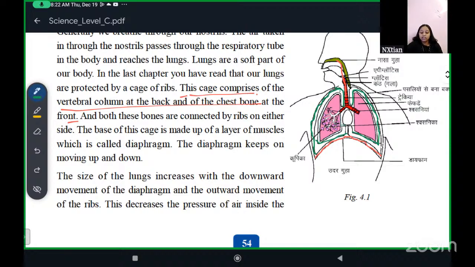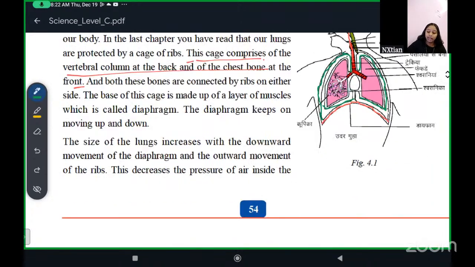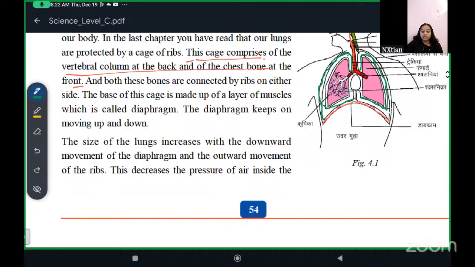The bottom layer is the diaphragm. Now this diaphragm keeps on moving up and down. The size of the lungs increases with the downward movement of the diaphragm and the outward movement of the ribs. When we have the downward movement of the diaphragm, we have the outward movement of ribs.